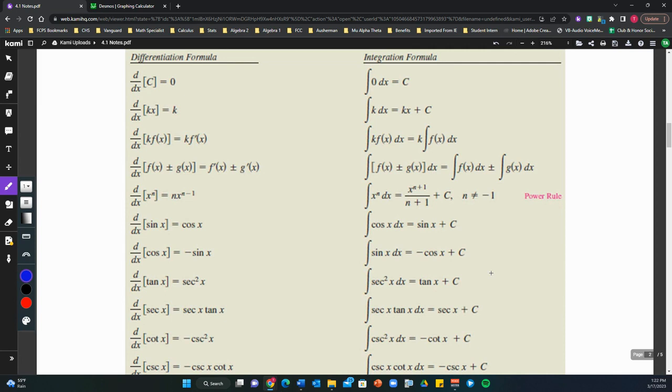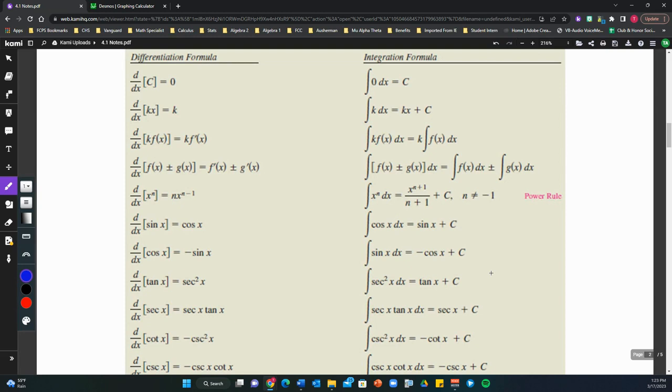If you look up and down here, all of these end up with a plus c at the end of them, except for these two, and that's because these two are demonstrating a property rather than an actual rule. For these two, this is actually the same as these derivative rules. A number times a function, its derivative is that same number times the derivative of the function.